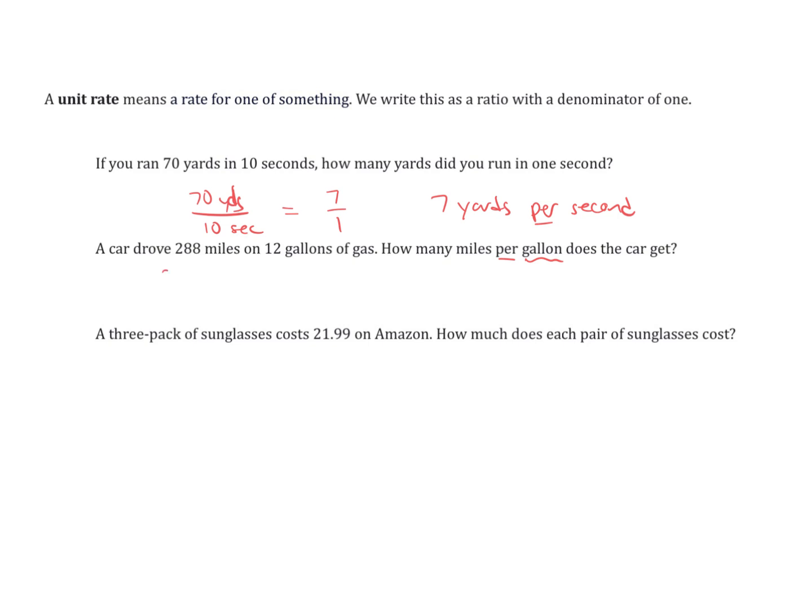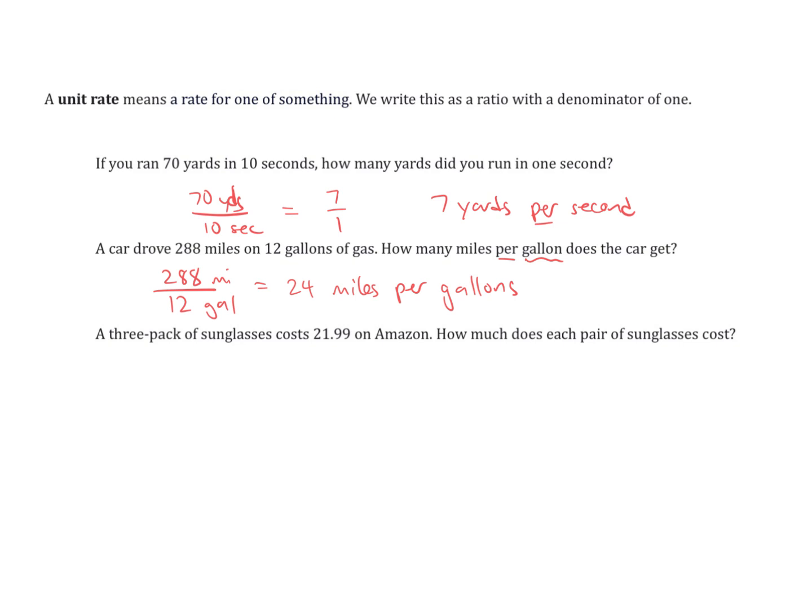So I take my number of miles, 288, and I'm dividing that by 12 gallons. And that gives me 24 miles per gallon. And that means that the car can drive 24 miles on 1 gallon of gas.